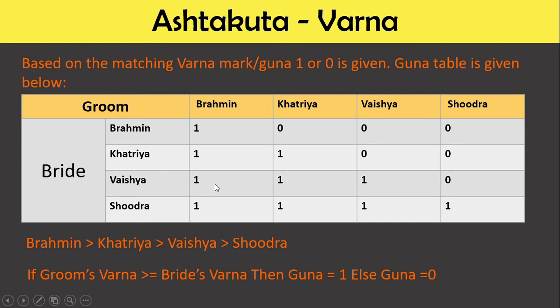The opposite we can also think: the bride's varna is Brahmin and the groom's varna is Vaisya. See, the guna is 0 because the groom's varna order is less than the bride's varna order. If both varna orders are equal, then guna is 1.